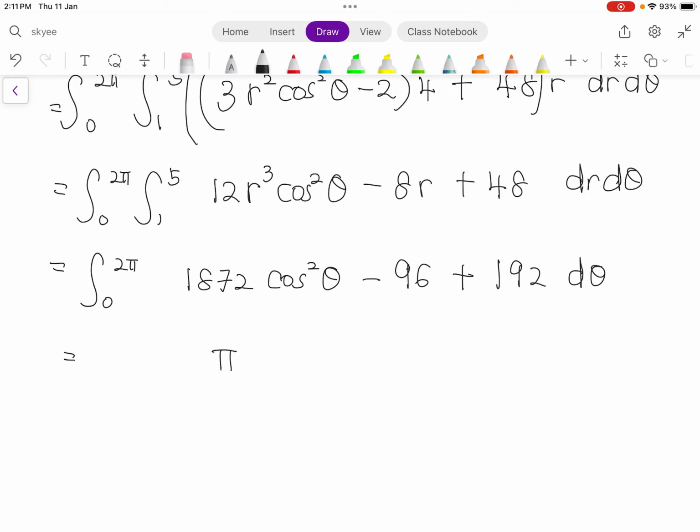So this is equal to pi, plus 192 pi. So the answer is 193 pi.